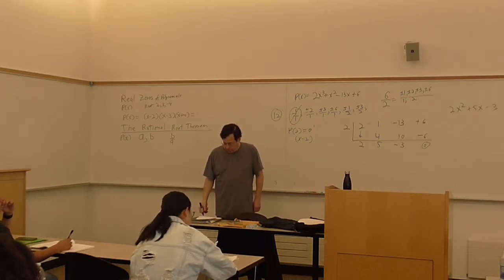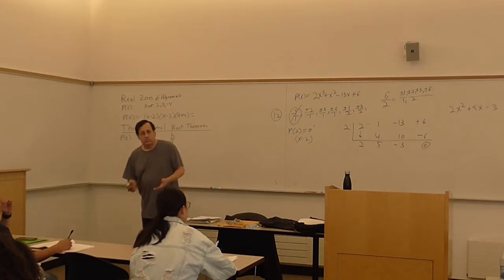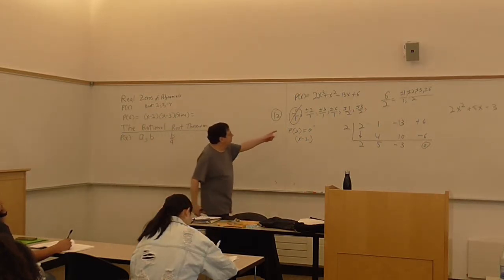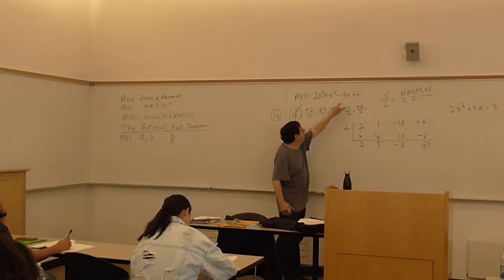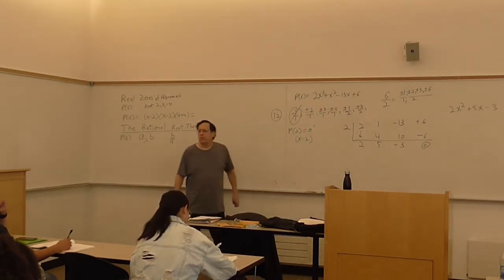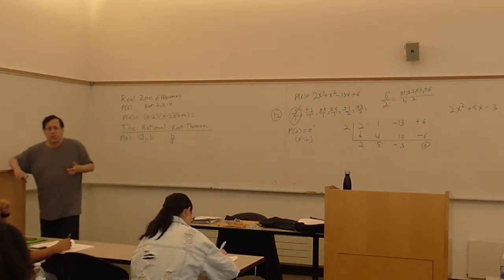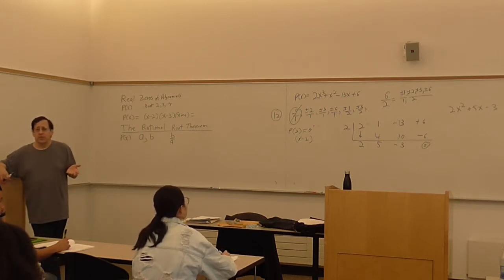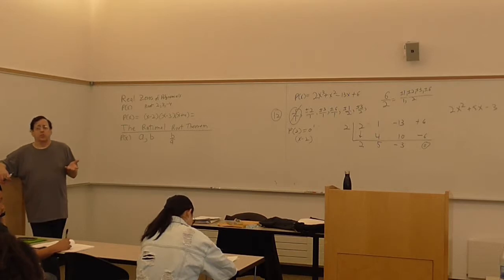Now, you might ask me an obvious question. What happens if none of these roots, I have to go through the whole list, none of them go to 0? What does that mean? Well, what it means is that this polynomial doesn't have any rational roots.